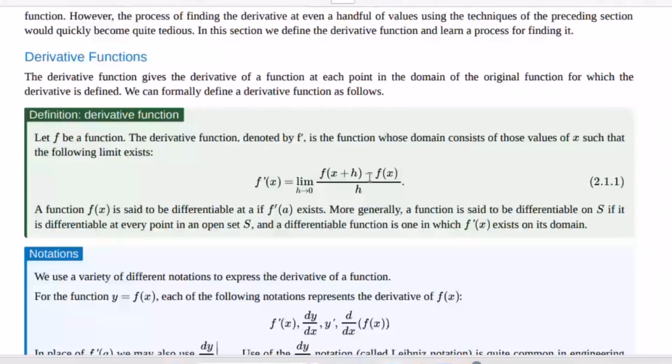Please copy it down. Do let me know after copying it. Is everybody done? Yes, sir.